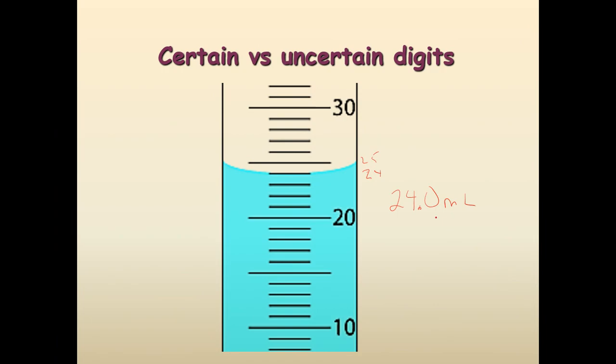But again, I am sure it's 24, and I am saying in my judgment that that meniscus is on the line. So I am certain of the 2 and the 4. I'm kind of using my estimating powers to determine what the last digit is. So I have certain digits, and I have ones I'm not 100% sure of. Every measuring device you're going to use has that type of precision to it, and that type of certainty to the values.